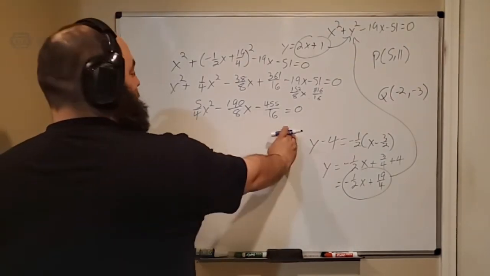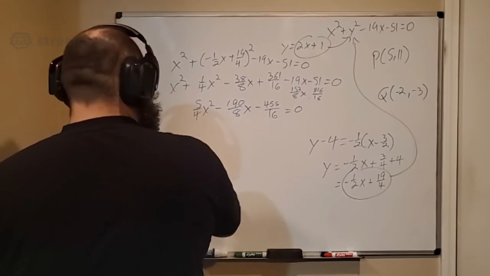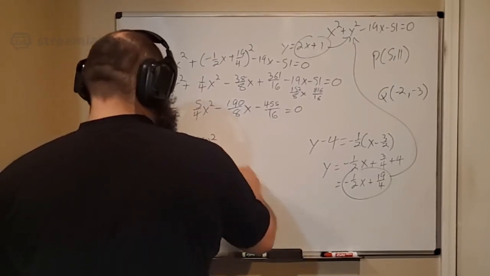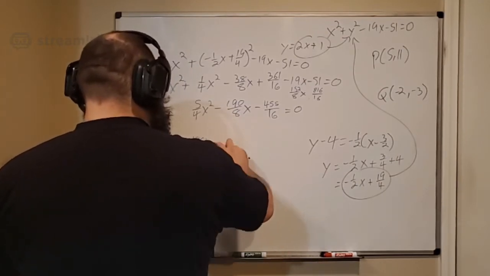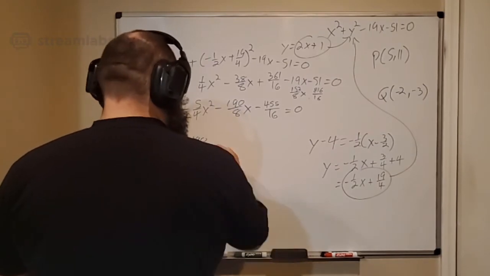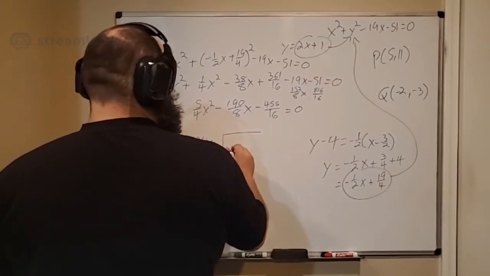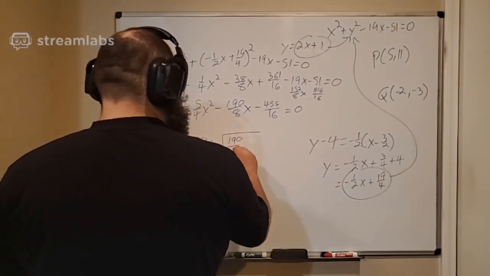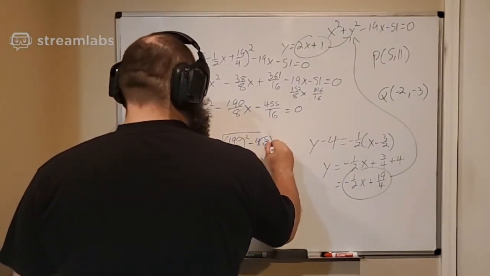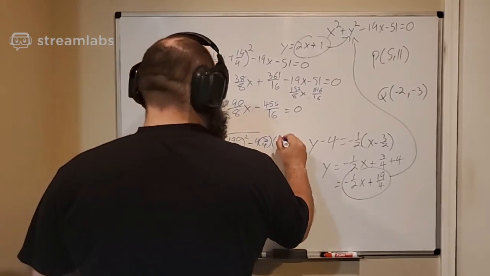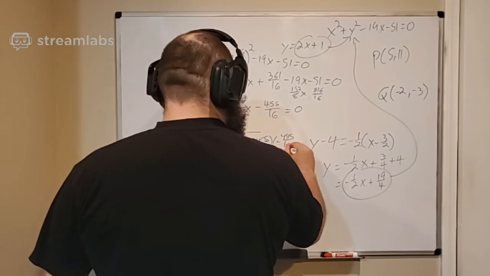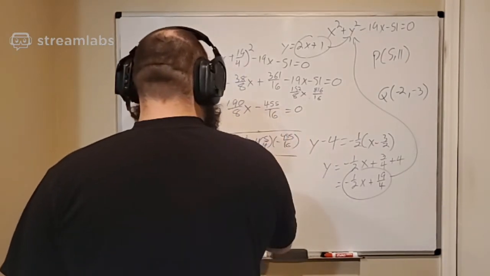So b is negative 190 over 8, squared, or not squared, not yet anyway. So negative b makes that a positive, plus or minus the square root of 190 over 8 squared minus 4 times 5/4 times negative 455 over 16, all over 5/2.